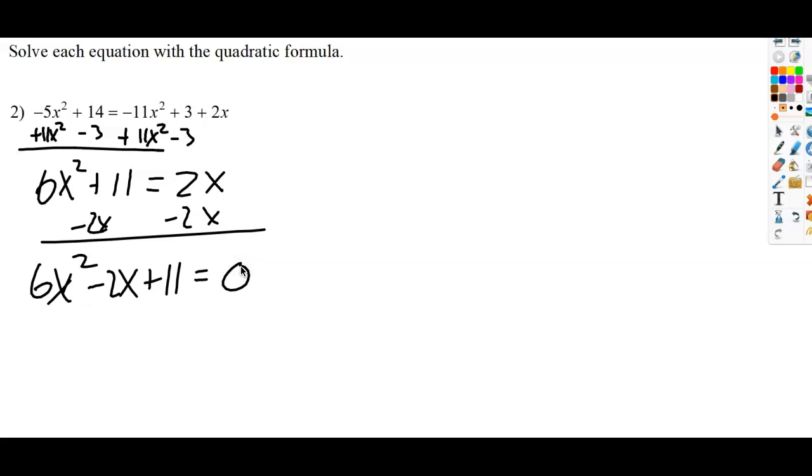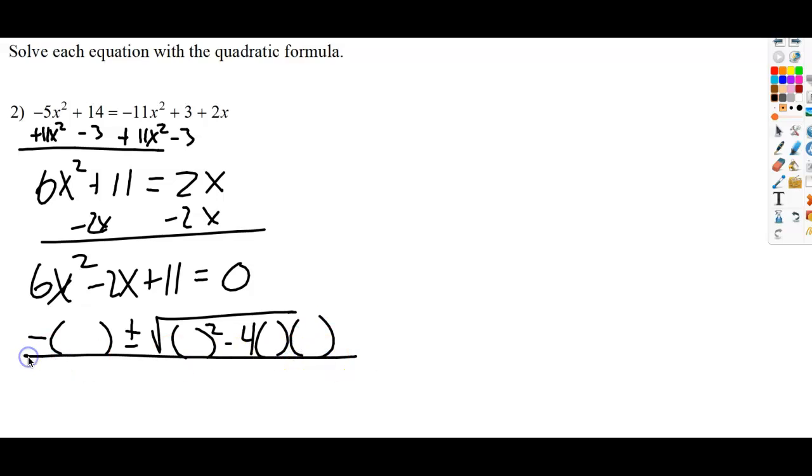Then from there, you're going to go ahead and do your quadratic formula. I'll work this one out too, because who knows, it might come out a little more complicated than the last one. So, negative b plus or minus the square root of b squared minus 4ac all over 2 times a. Plug your numbers in.